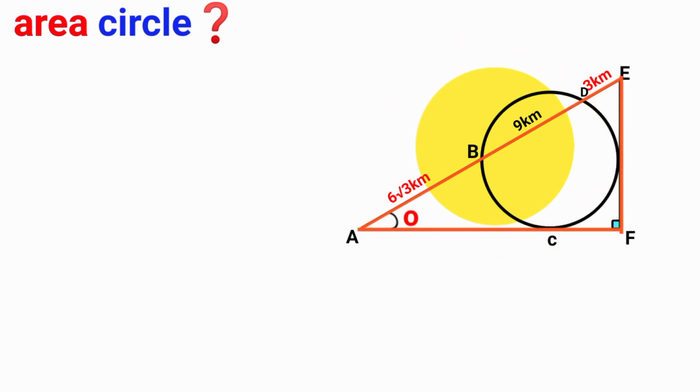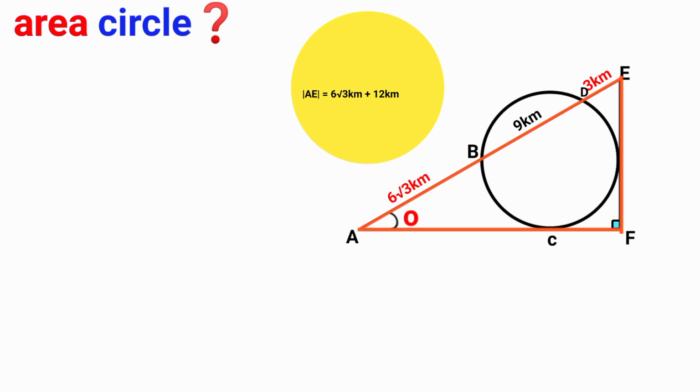We have this side divided into this segment, this and this, which have their lengths to be 6√3 kilometers, 9 kilometers, and 3 kilometers. So therefore, the total length of the line is 6√3 kilometers plus 9 kilometers plus 3 kilometers. 3 kilometers plus 9 kilometers is 12 kilometers.